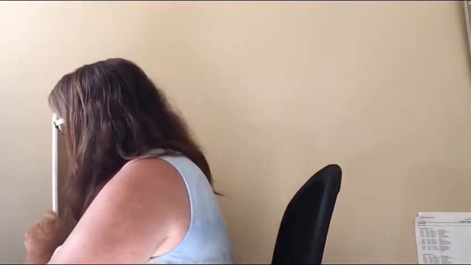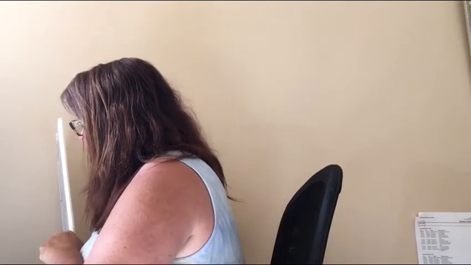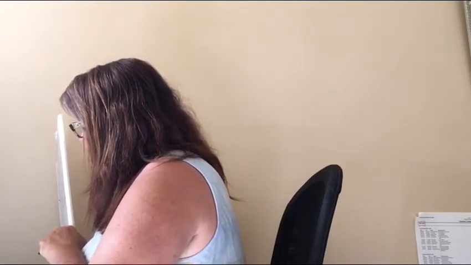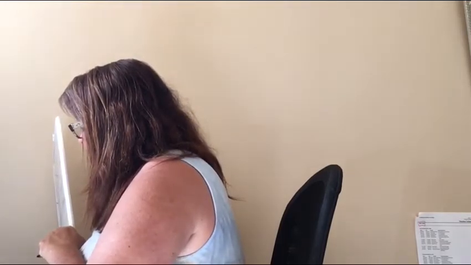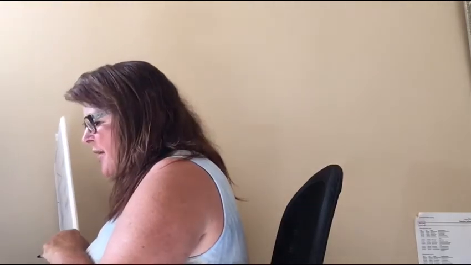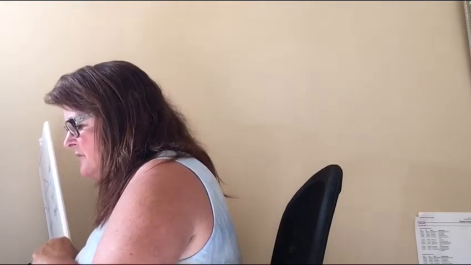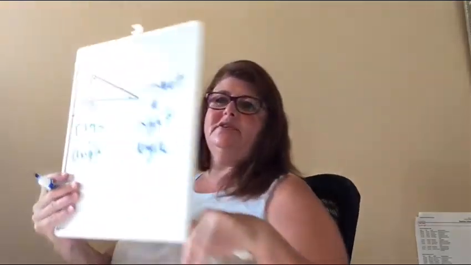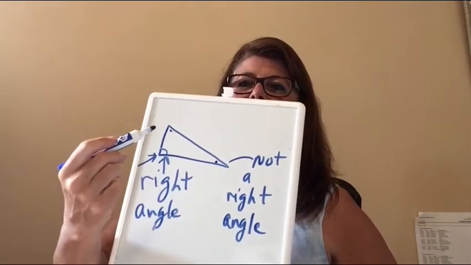This is a right angle. The right angle goes down and across. The other angles, you see how they're smaller? Yes. So they want you to draw a polygon with one right angle and 3 vertices. So this has 1, 2, 3 vertices and it only has one right angle.